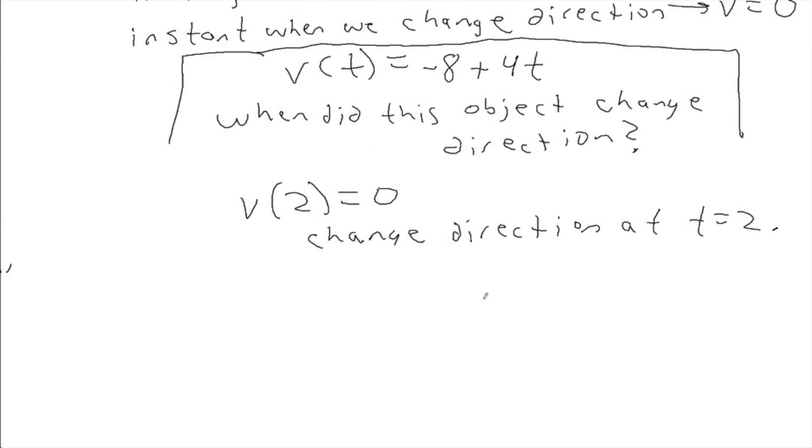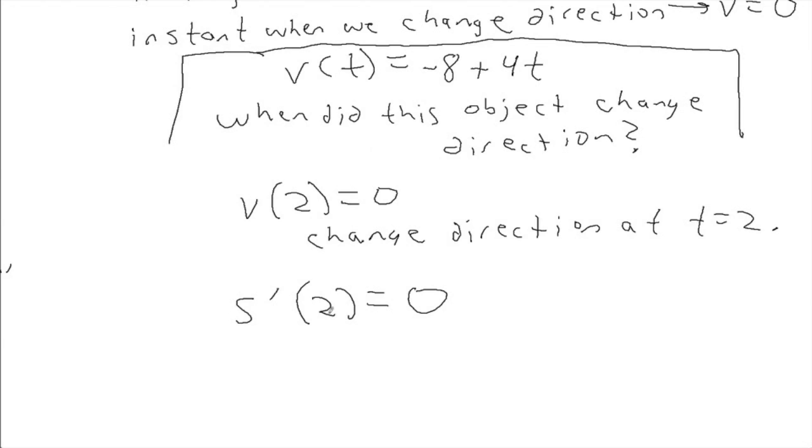Good. A min or max for who? For velocity. That was the part where we messed up. Remember, the velocity is s prime. When the derivative is 0, does that mean the derivative has a maximum?